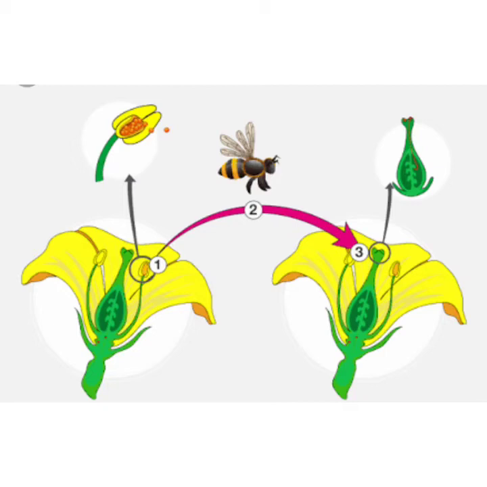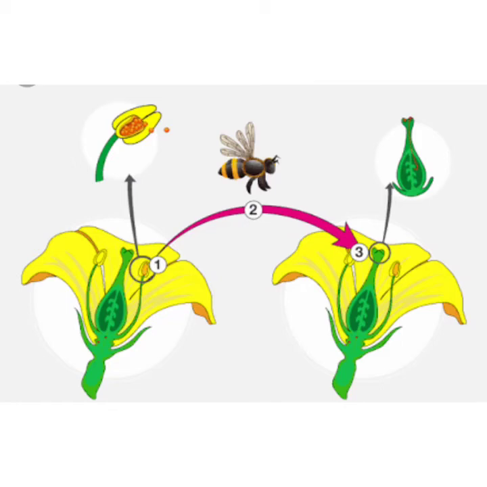Both the male and female gametes must come in contact with each other for reproduction to take place. When the anthers mature, they split open and the pollen grains are set free. The pollen grains may fall on the stigma of the same flower in case of bisexual flowers.